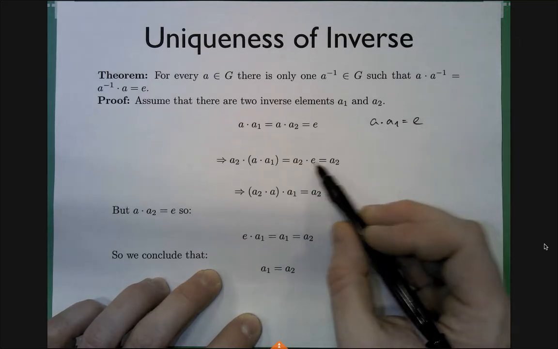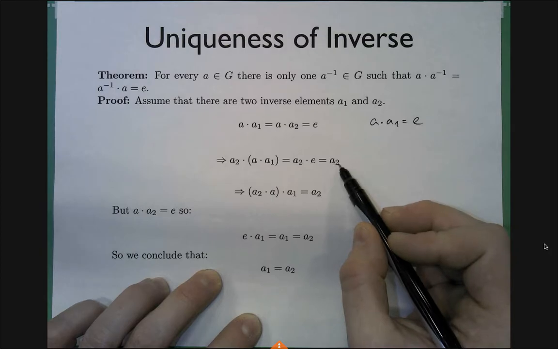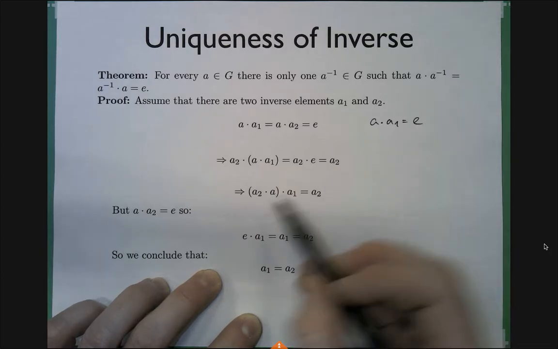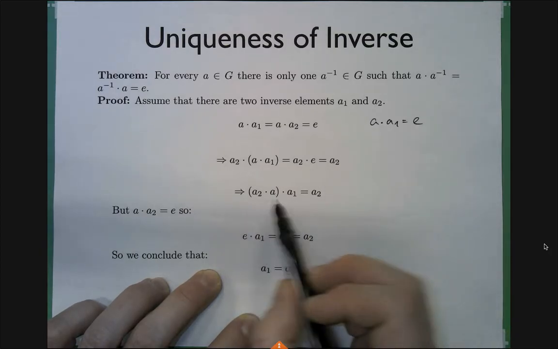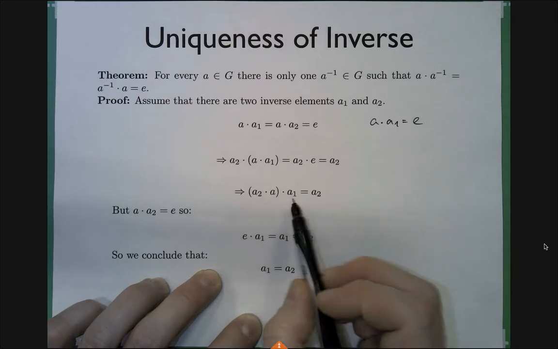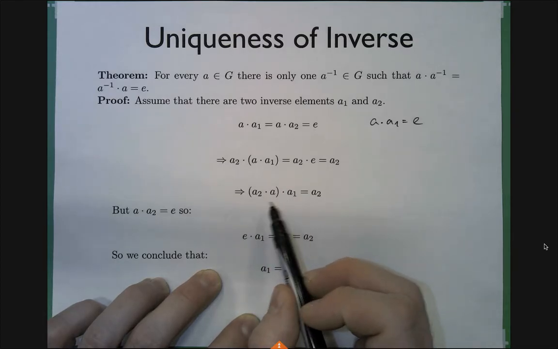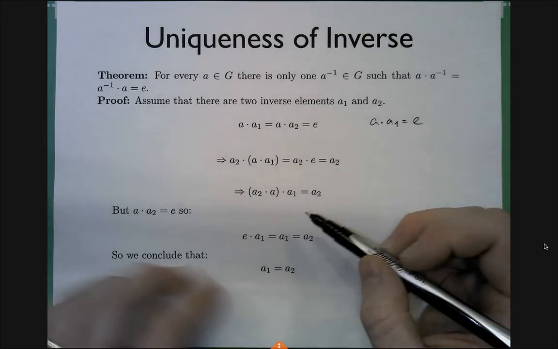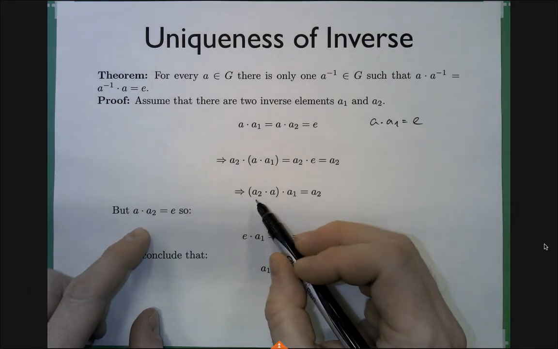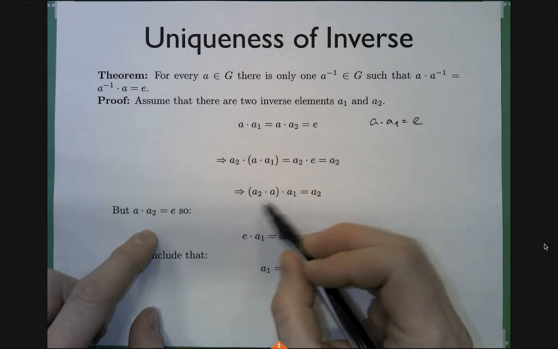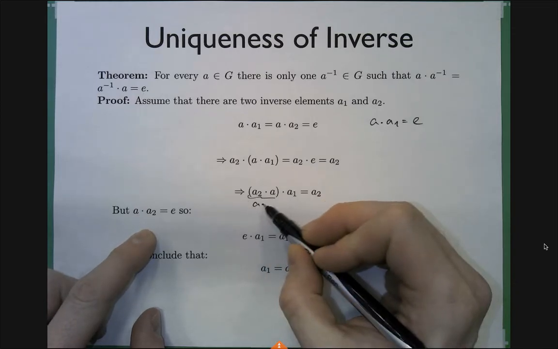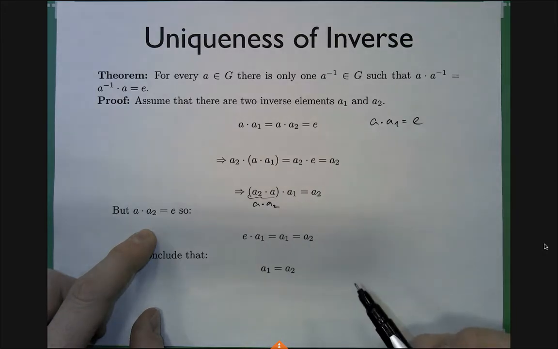Okay, but this was an identity element, right? So this is A2, right? Here I can apply the associativity, so it doesn't matter in what order I carry out the multiplications. And here, because A2 is an inverse of A, this is equivalent to A2 times A, right?